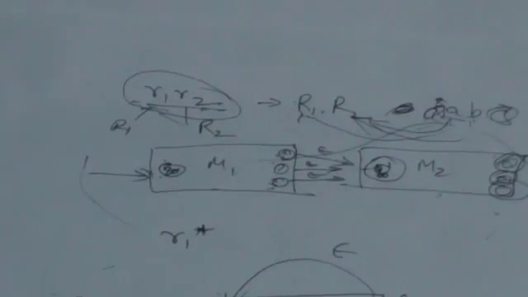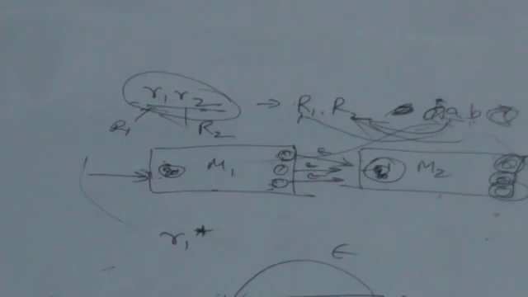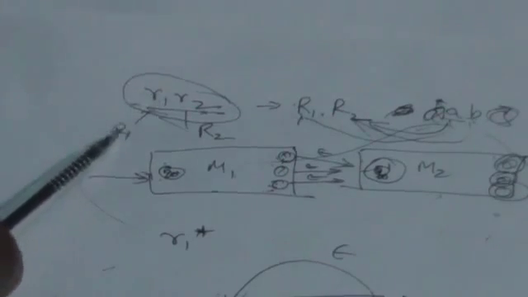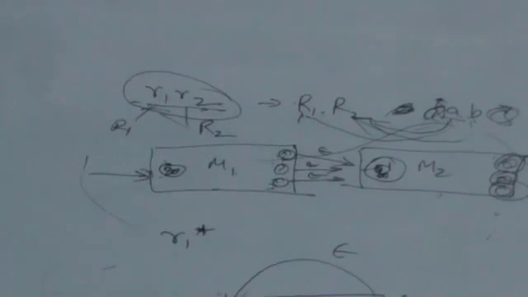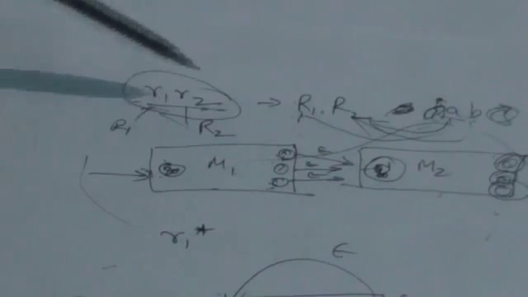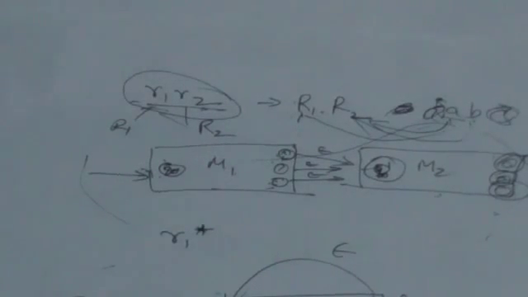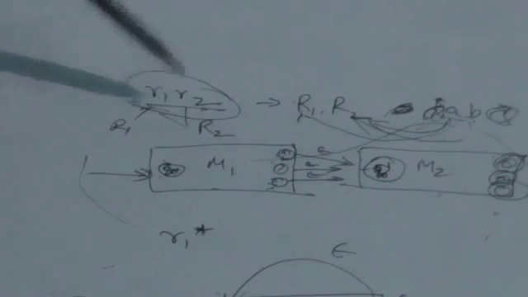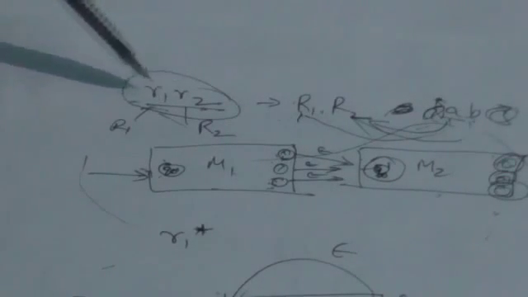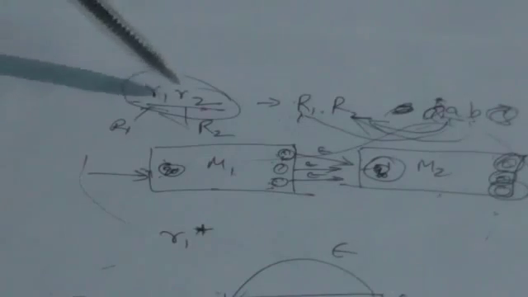Now we have a regular expression R1, R2. Suppose capital R1 is a regular set corresponding to the regular expression R1, and capital R2 is a regular set corresponding to the regular expression R2. Now, what does this regular expression represent?